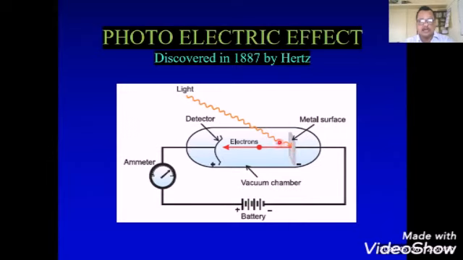So two things must be clear: the light must have suitable wavelength, and the metal must also be a suitable metal, because not all metals exhibit the photoelectric effect.